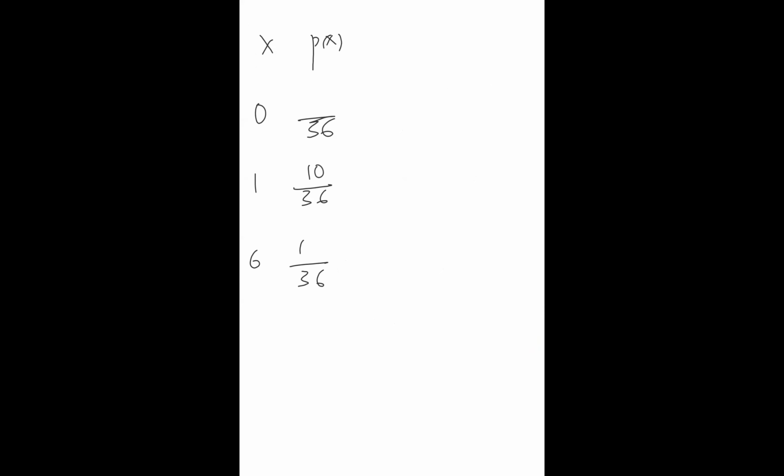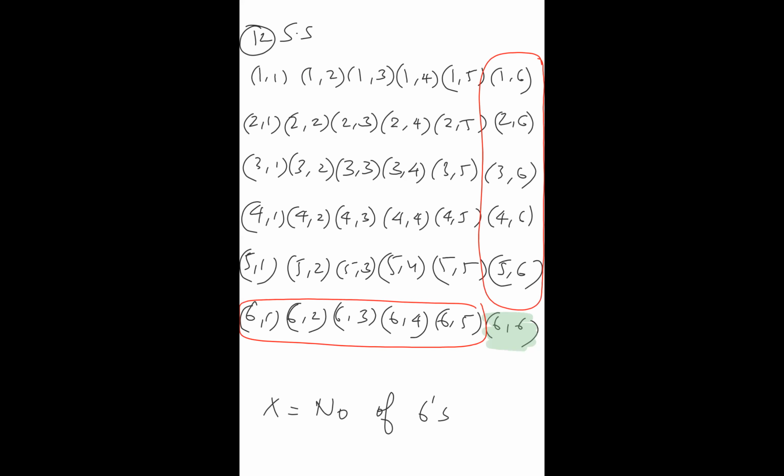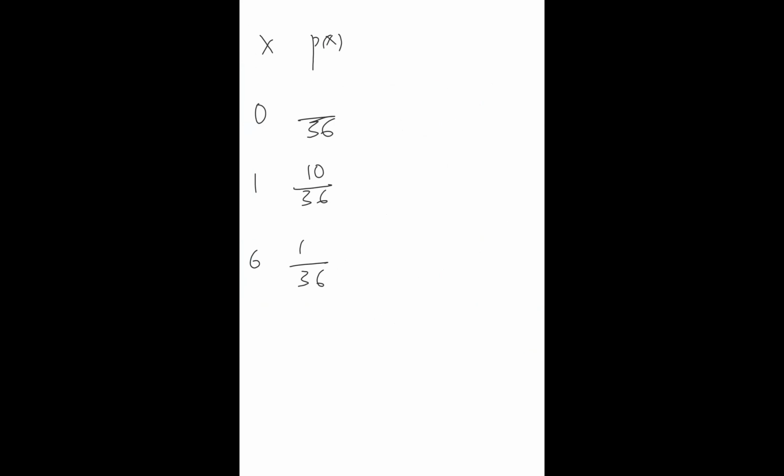And zero sixes, look at this, all these blue colored events do not have a six in them, right? So these are total 25 events. So 25 by 36.